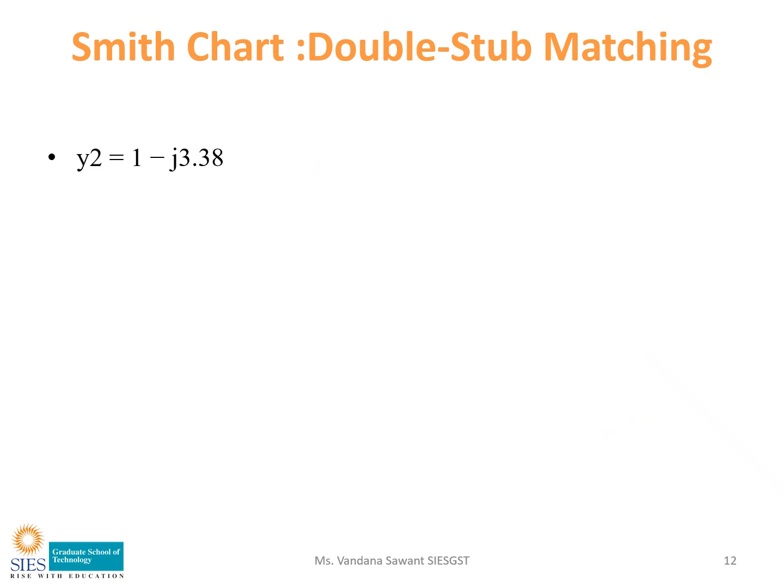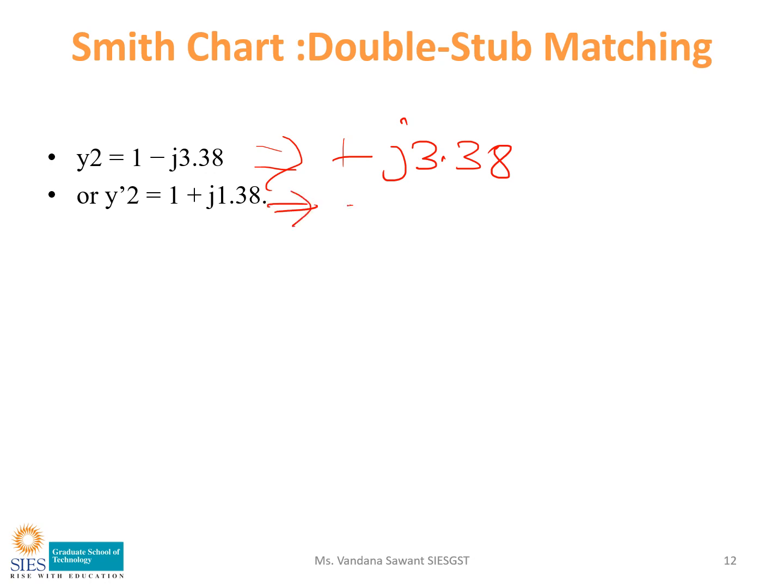If you want to nullify y2, which is minus J 3.38, we need to find out the susceptance at plus J 3.38. And for y2 dash, which is plus J 1.38, if you want to nullify it, we need to find out the wavelength at minus J 1.38.